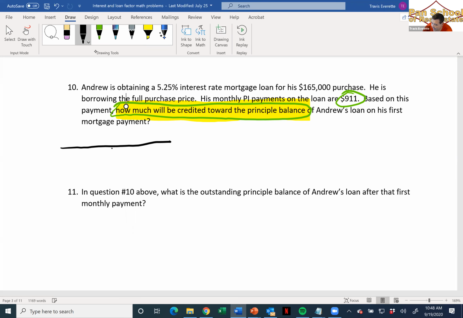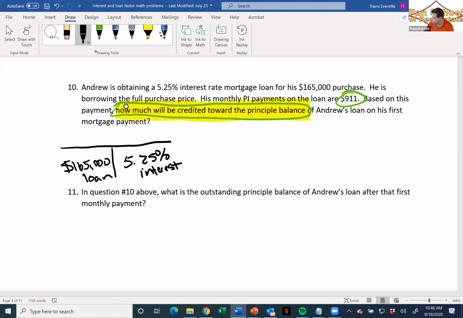I can calculate the annual interest on this loan because we've got a $165,000 loan balance at a 5.25% interest rate.